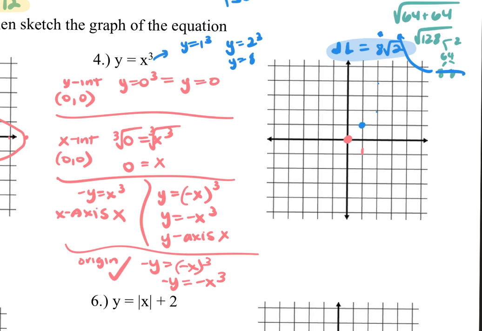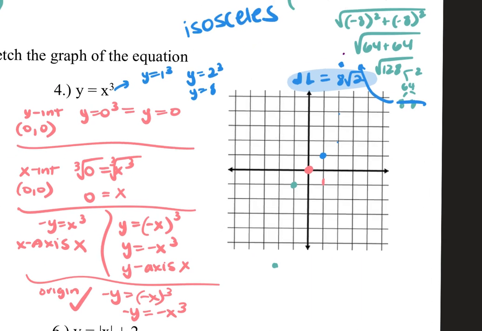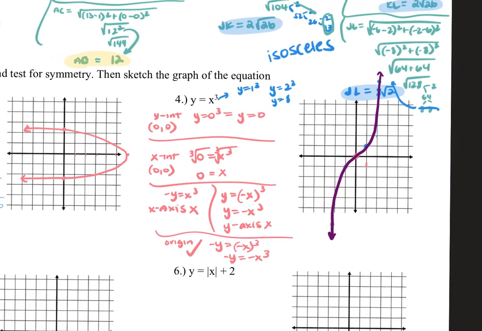Now if I plug in negative 1 and negative 2, I should get the opposites. If it's 1, 1, then it's negative 1, negative 1. And if it's 2, 8, then it's negative 2, negative 8. If you remember your parent functions, your cubic function looks something like this. If you don't, then you're simply plugging in those points.